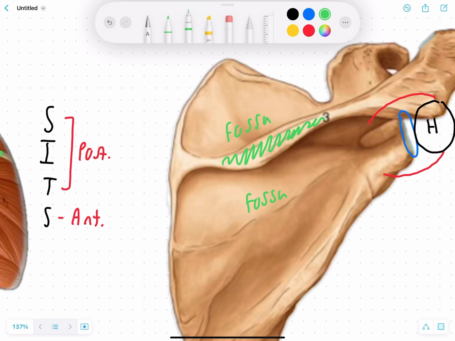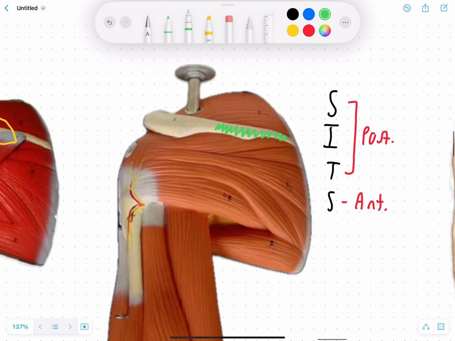And so the reason I like to point this out is because this is really helpful for the naming of the muscles, because the muscle that sits in that supraspinous fossa, which would be up here, is the muscle that we name the supraspinatus. So I'll just go ahead and quickly highlight this muscle here. But this muscle up here is called our supraspinatus because it's named for its location, which is the supraspinous fossa.